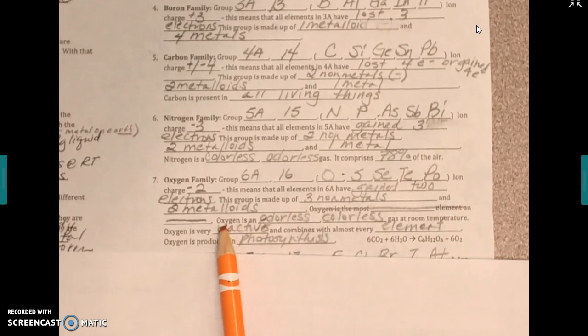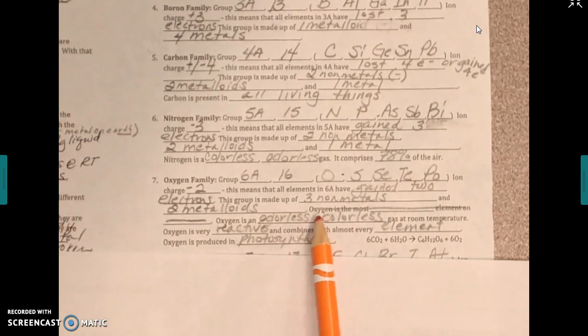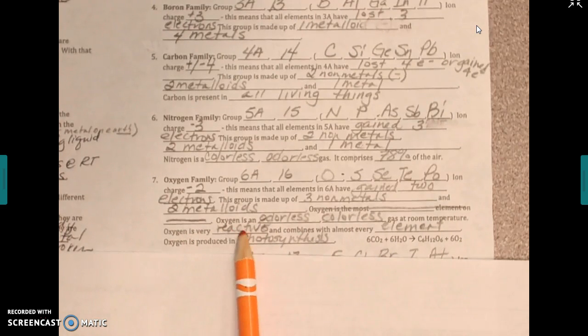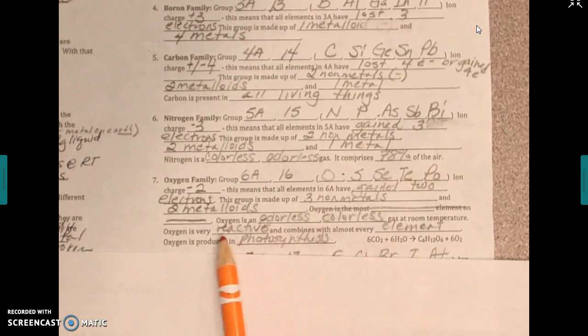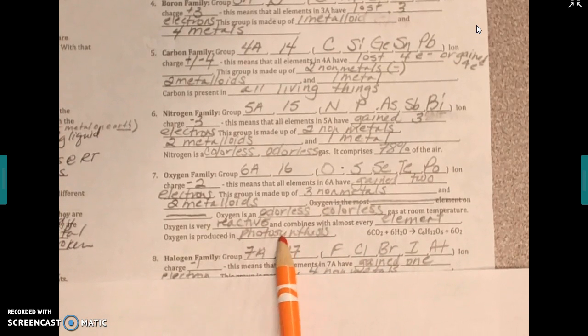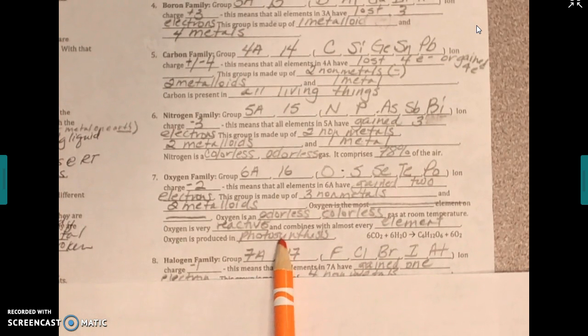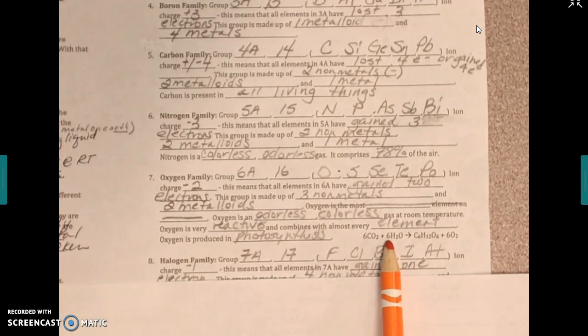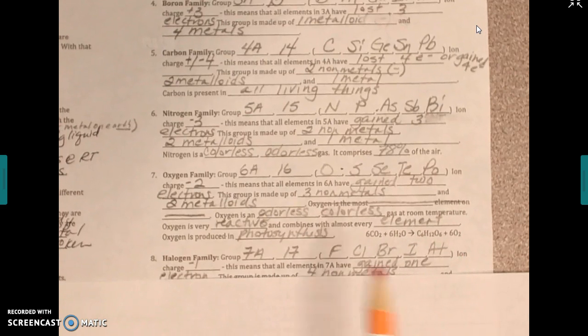Oxygen is an odorless, colorless gas at room temperature. Oxygen is very reactive and combines with almost every element. Oxygen is produced in photosynthesis and is needed in combustion. So remember, here is our photosynthesis reaction. Carbon dioxide plus water and sunlight gives me glucose plus oxygen.